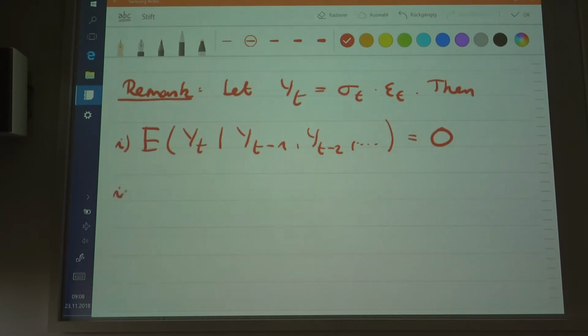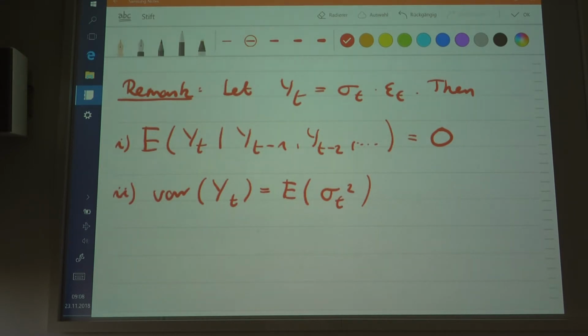The second property is that the variance of the process is equal to the expectation of the square of the process.